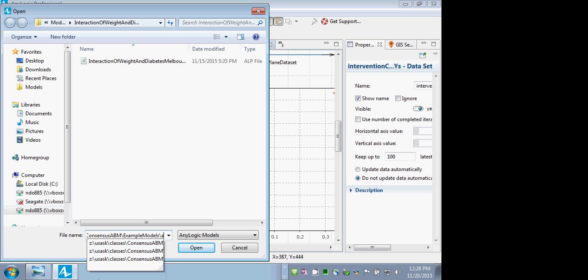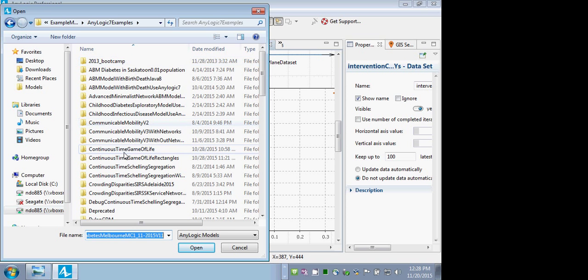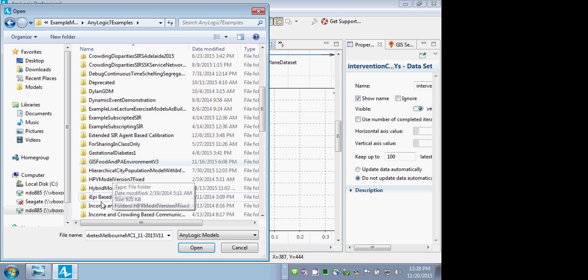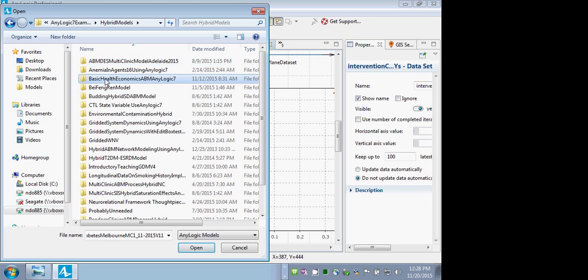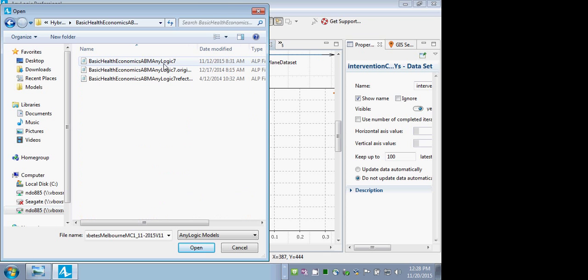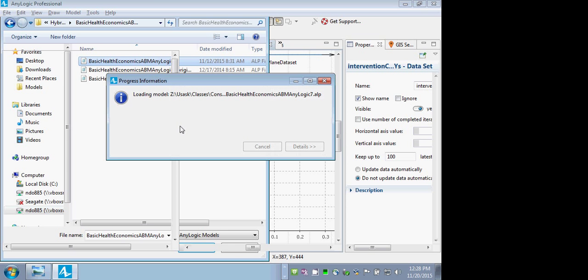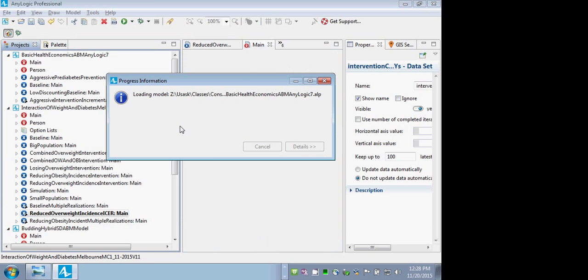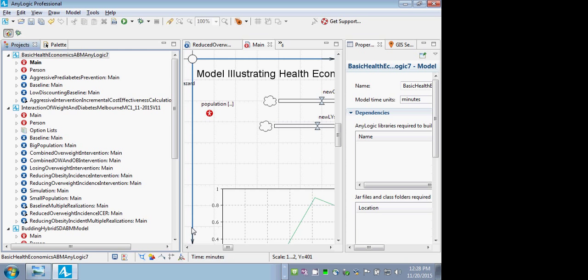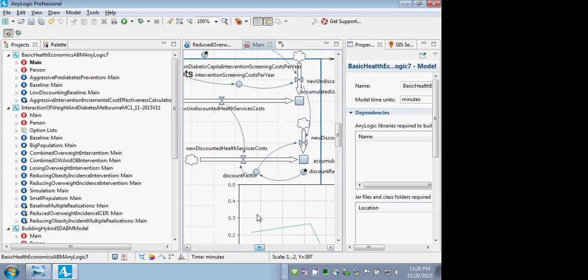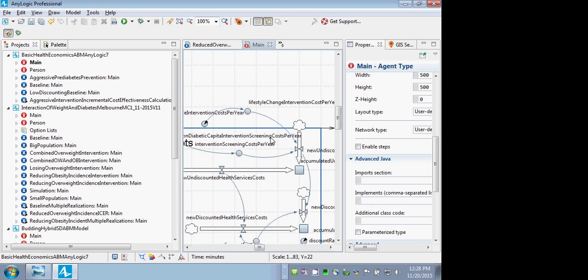It's under hybrid models, Basic health economics (ABM). This also has a quite detailed representation of the health economics, taking into account aspects of intervention costs as well as episodic costs associated with end-stage renal disease.